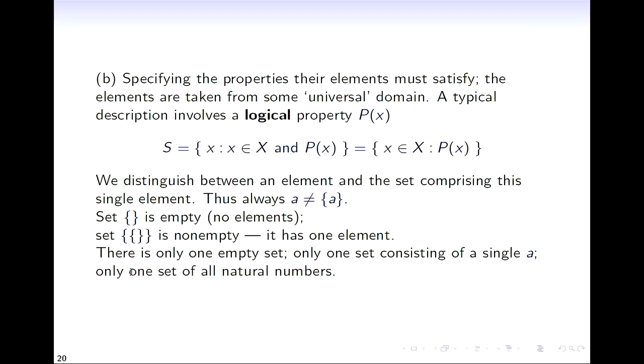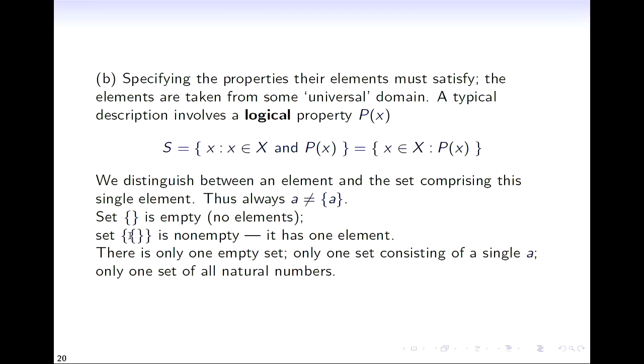Always make sure that you distinguish between an element itself and the set that comprises or contains this as a single element. So always an element A is very different from the singleton set that contains A. And just to reiterate what I said on the previous slide, this set here is empty and contains 0 elements, whereas this set is not empty.